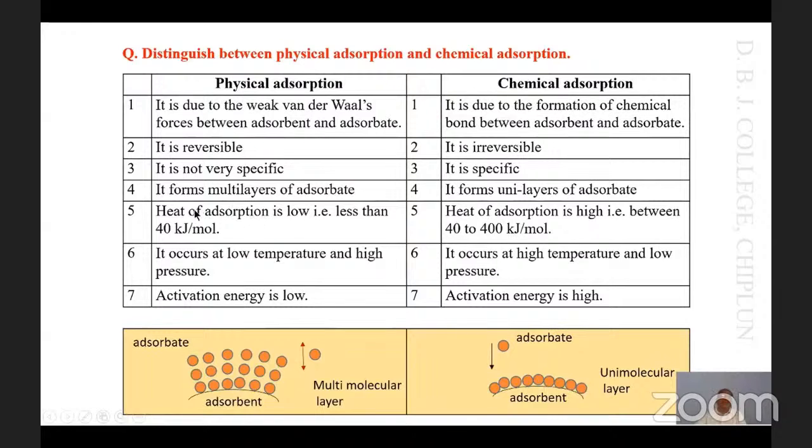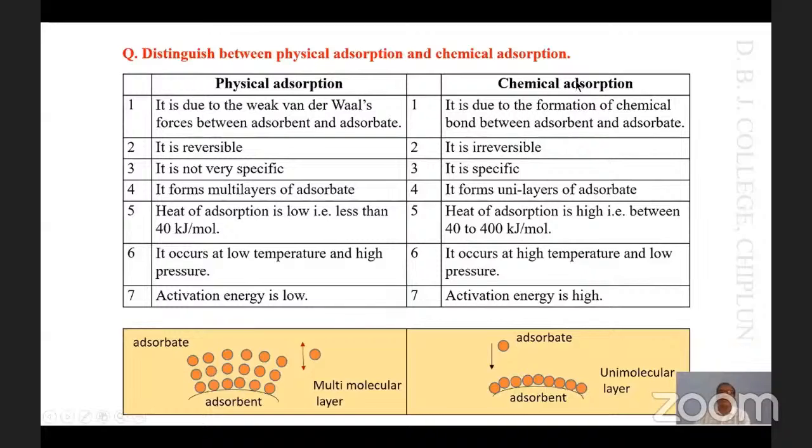You know, I already told you the meaning of this term, heat of adsorption. That is the amount of heat evolved during the adsorption of 1 mole of an adsorbate onto the surface of an adsorbent. That is heat of adsorption, which is low in case of physical adsorption.